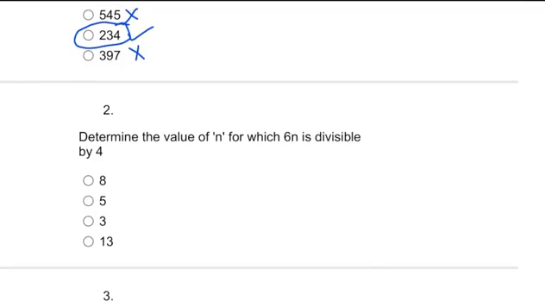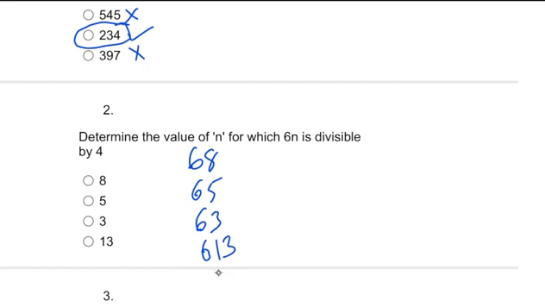The question says, determine the value of n for which 6n is divisible by 4. That is, we're looking for a number. Is it going to be 68, or 65, or 63, or 613?